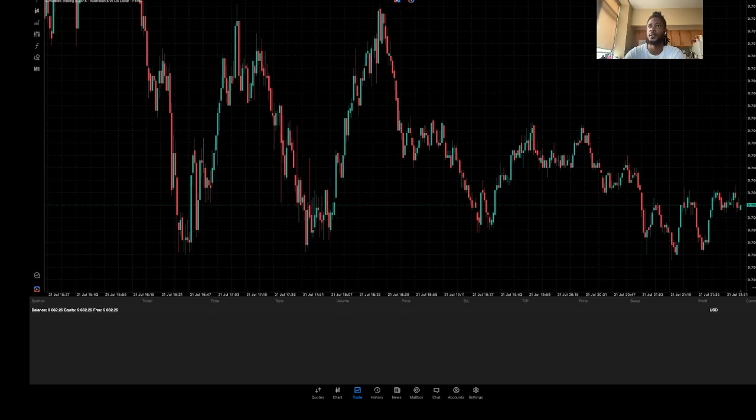But 10 pip, nah, 10 pip is crazy. The moment this new 1 hour candle opens, I'll be clicking buy. It's gonna open in 30 seconds.